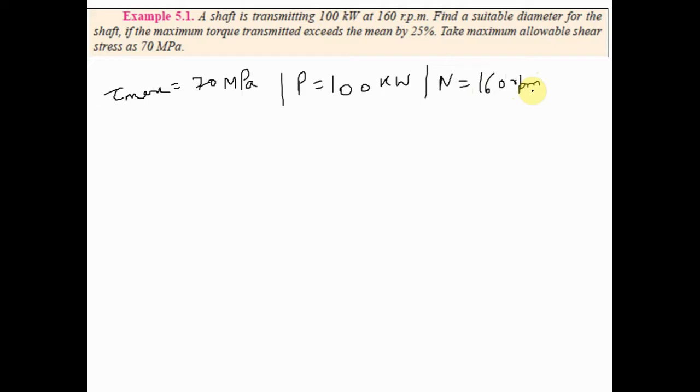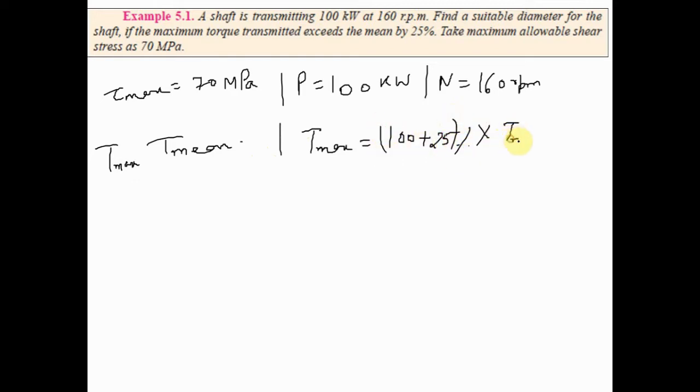Suppose we have the torque denoted by T mean. They are saying the maximum torque exceeds the mean by 25%. So it means the maximum, denoted by T max, is exceeding T mean by 25%. In other words, we can write T max equal to 100 plus 25% times T mean. In other words, it is 1.25 times T mean.